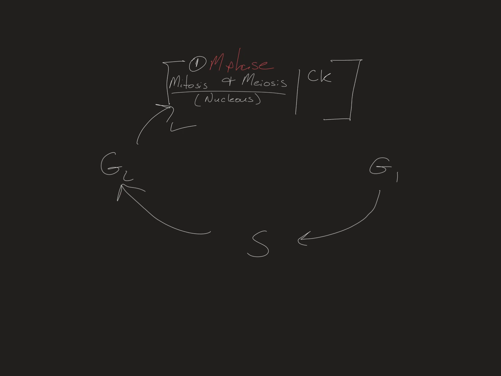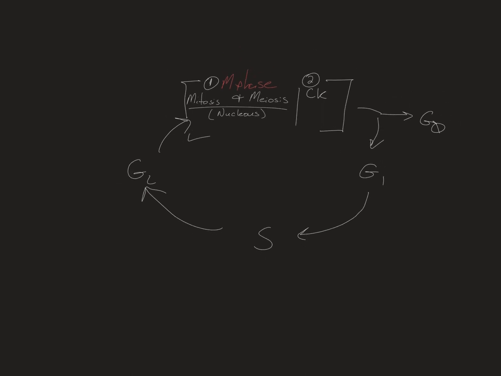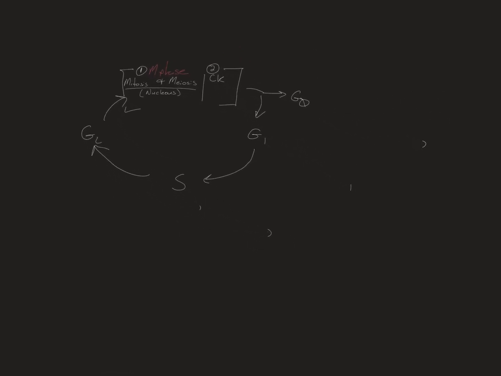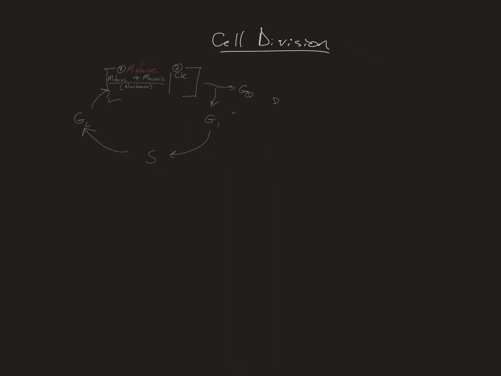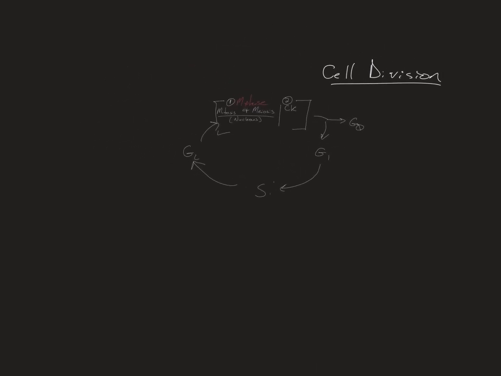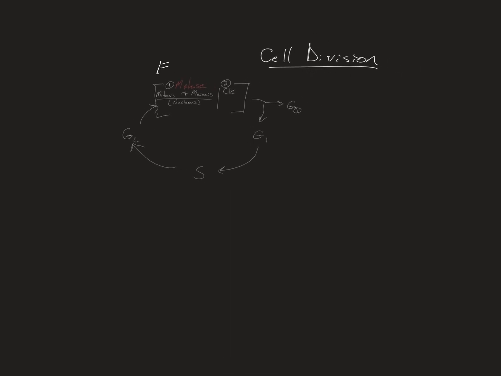Part one is either mitosis or meiosis, then part two is cytokinesis. Then you either go to G1 or you go to G0. And G0 is just where you do your job as a cell, whatever that job is. I want to remind you the cell cycle is about cell division. Also, this is only done in eukaryotes because you have an M phase.